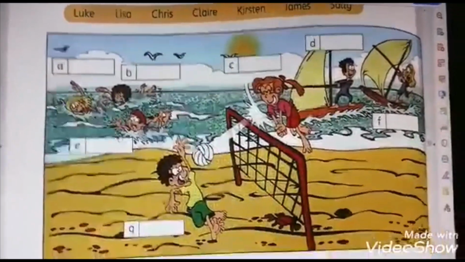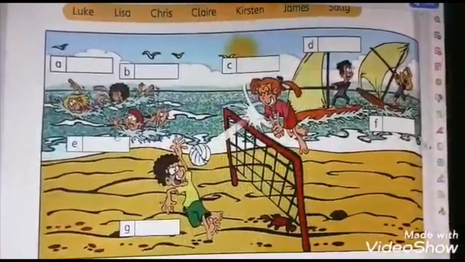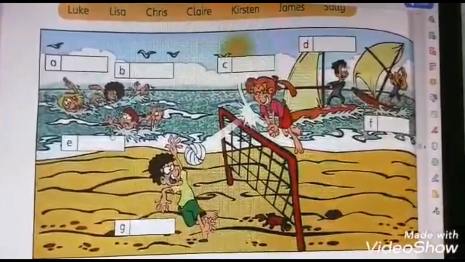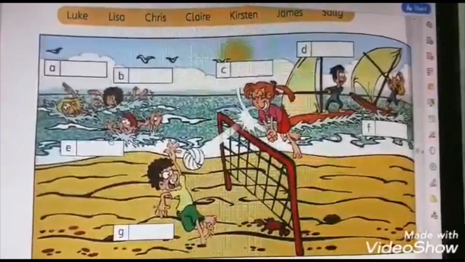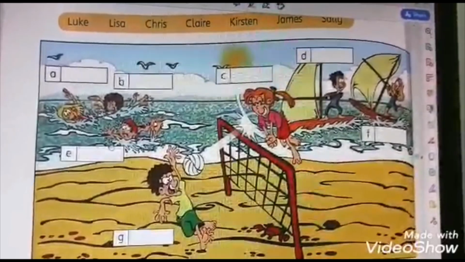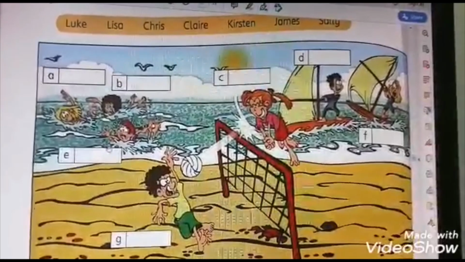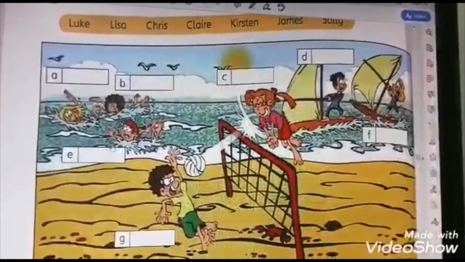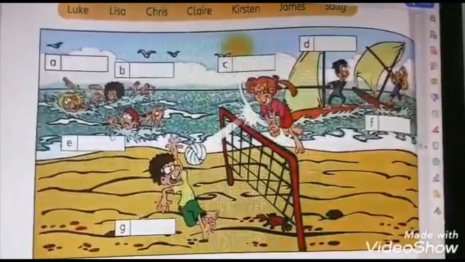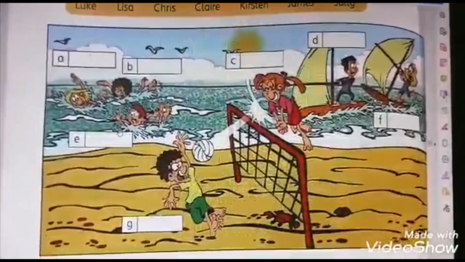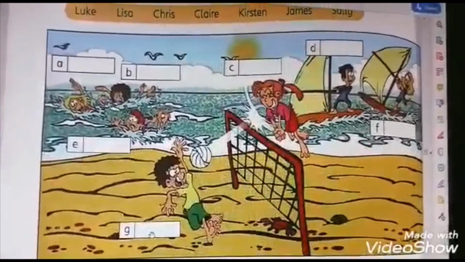So here I stop my CD. I would like to explain what you heard now. As you listened, Alex is saying I love the sea and Sue is saying me too. Alex asked who's that boy playing volleyball? Sue said that's James. So who is James? Yes. Number G, you are going to write here James.